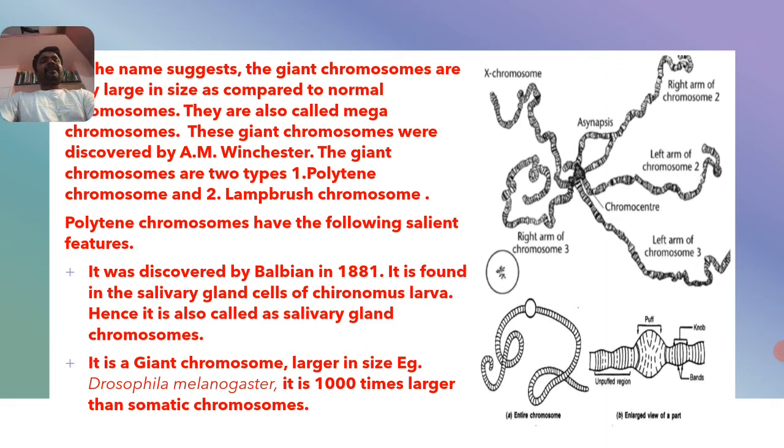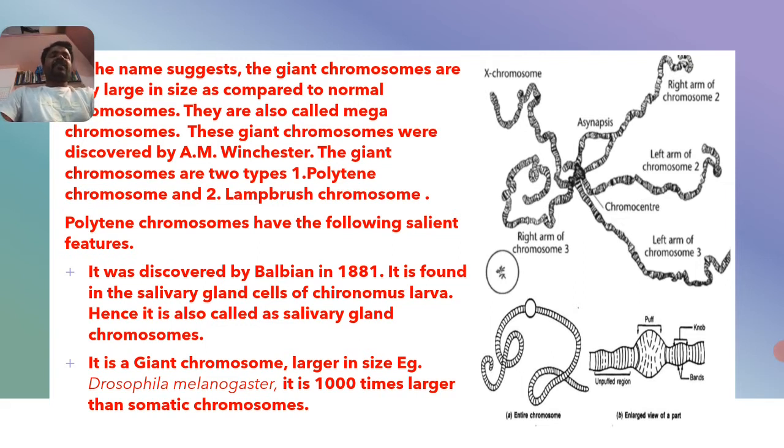Due to repeated replication, a normal chromosome becomes larger because of the accumulation of more DNA, which forms many arms. The centromere and chromatids divide, the chromatids form longer arms, and the centromere forms the chromocenter.